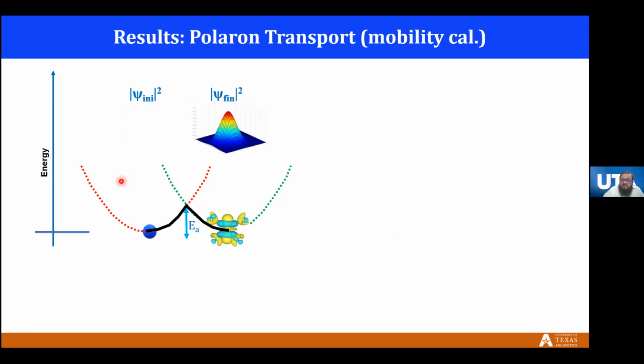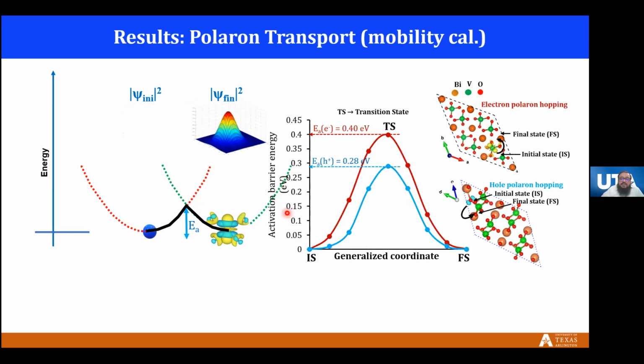The hole activation barrier is about 0.3 electron volt, and the electron polaron activation barrier is about 0.4 electron volt, which shows that hole polarons will be more probable in bismuth vanadate than electron polarons. In fact, several recent experimental papers, not within our collaboration, have shown this feature.